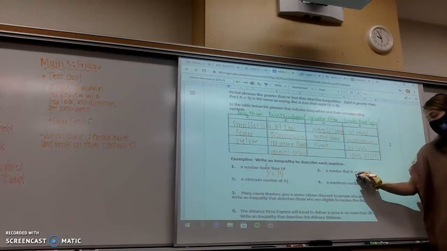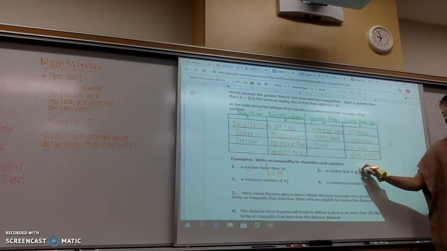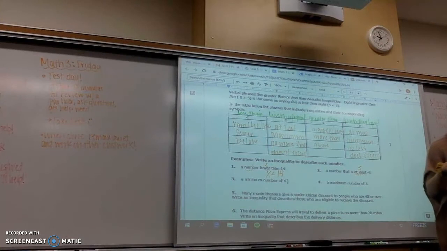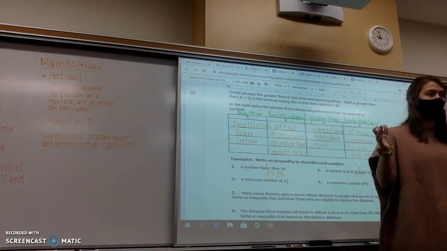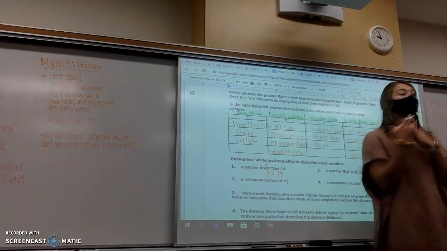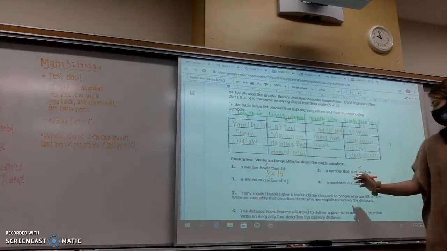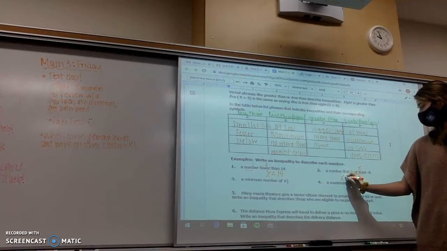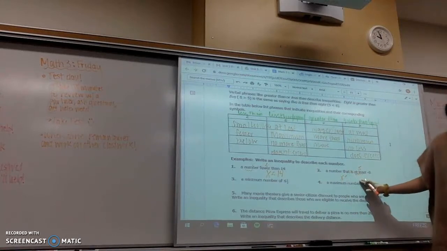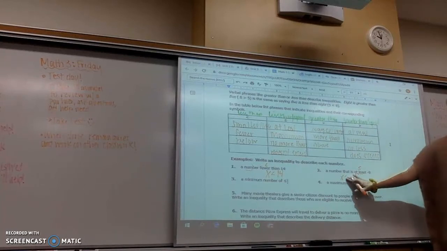Number 2, what does the word at least mean? Less than or equal to? If you have to be at least 5 feet to ride this ride, Carly's not going to be able to ride the ride. You can be 5 feet, but you have to be 5 feet or taller. Wait, let's fix this.